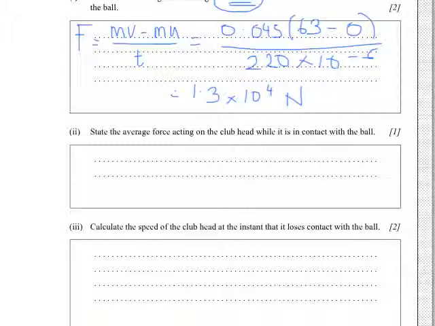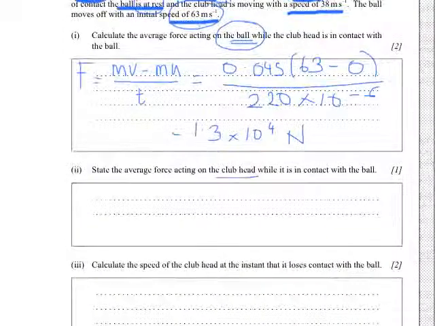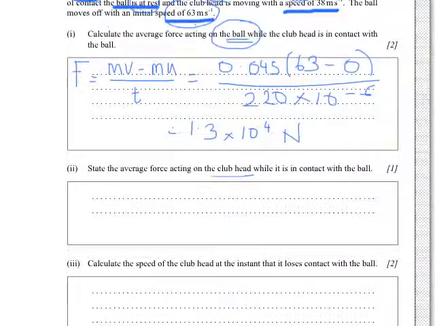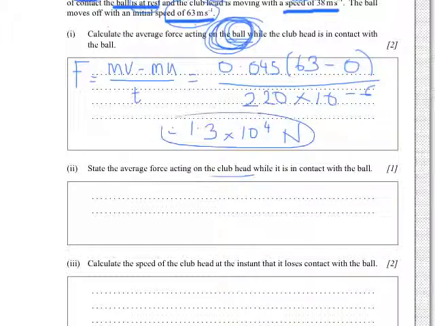Now, question: state the average force acting on the club head, because we've worked out the force acting on the ball. This is kind of a sneaky question. If you know the force acting on the ball, what is the force acting on the club head? Well, this is Newton's third law. Action and reaction are equal and opposite. So therefore, you should have exactly the same force.